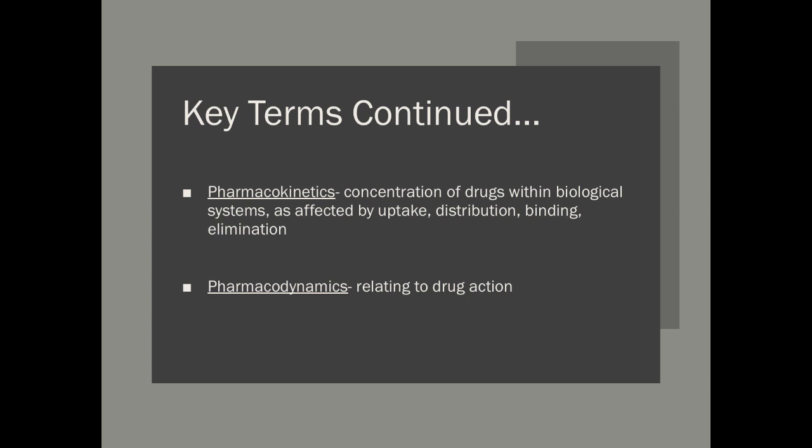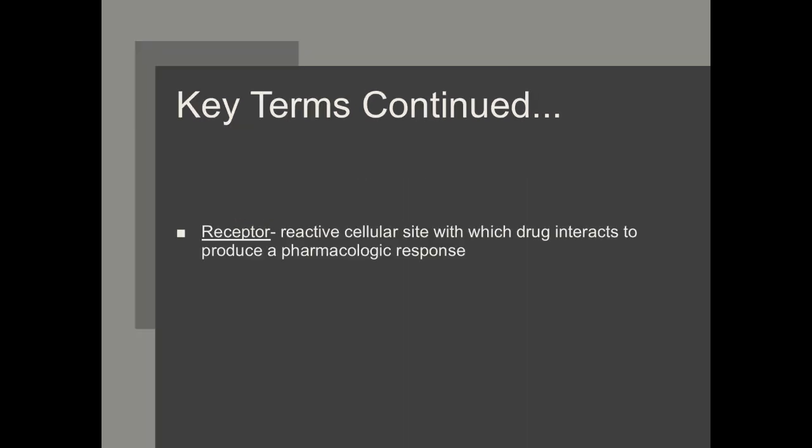What does the drug do to your body? So pharmacokinetics, what is your body doing to the drug? Pharmacodynamics, what is your drug doing to your body? And continuing on that line, we've got receptors. So a medication might bind to a receptor, might block a receptor. So a receptor is this site in which a drug interacts.